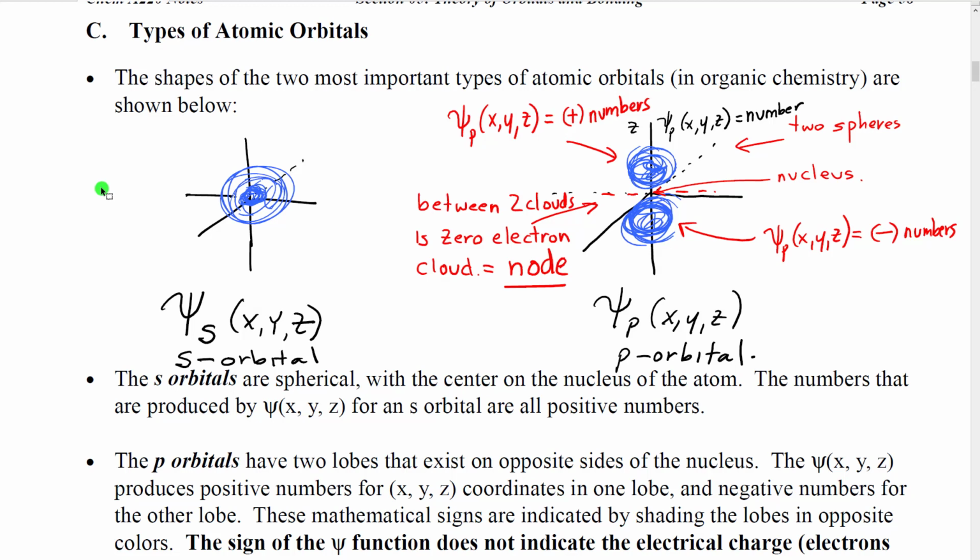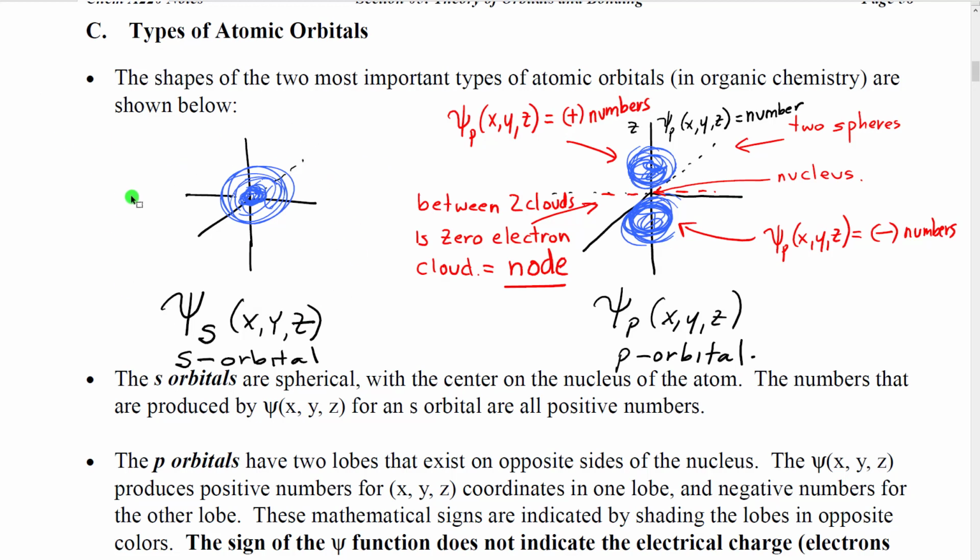But for atoms that have very small nuclei, with very few positive charges, the energies of the d and the f orbitals become so incredibly high, the electron would have to have so much energy that probably other things chemical would happen instead. So we are going to restrict ourselves primarily to s orbitals and p orbitals.